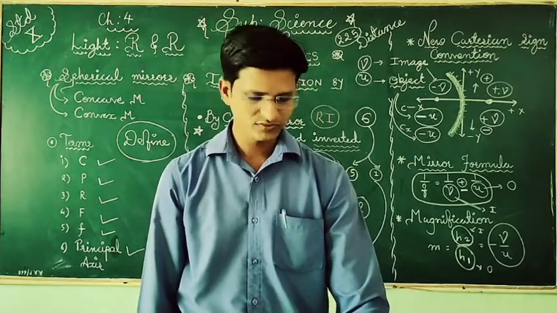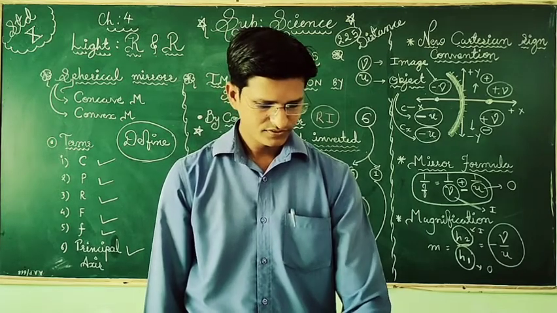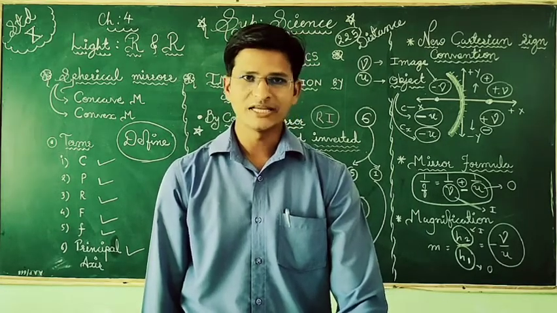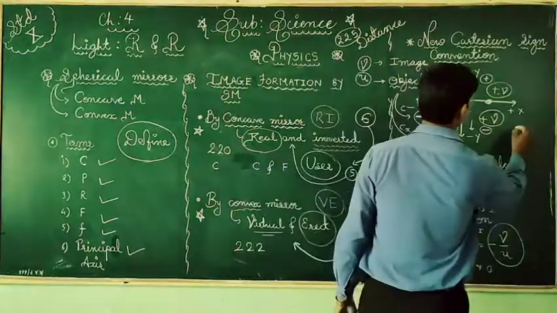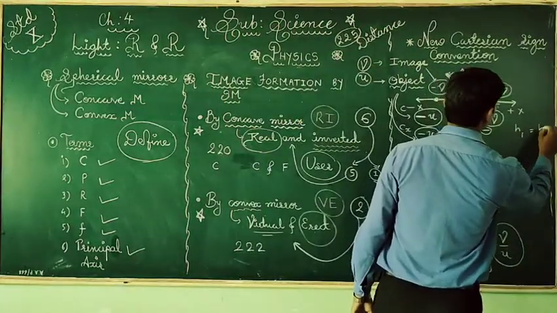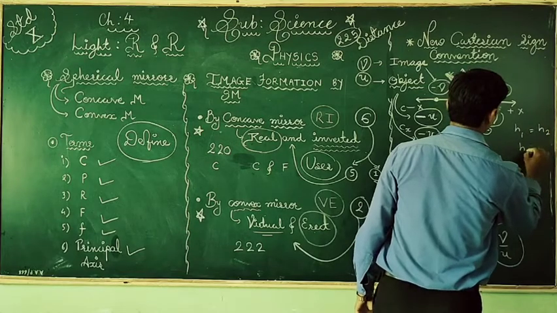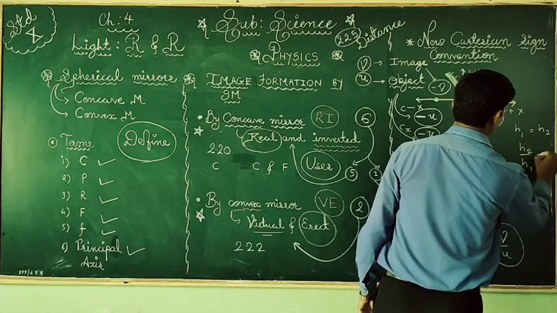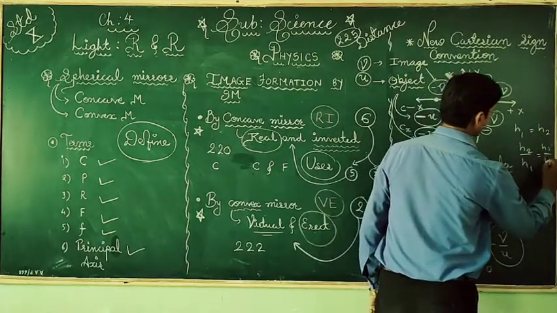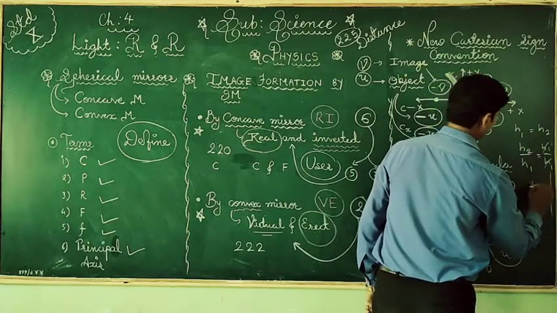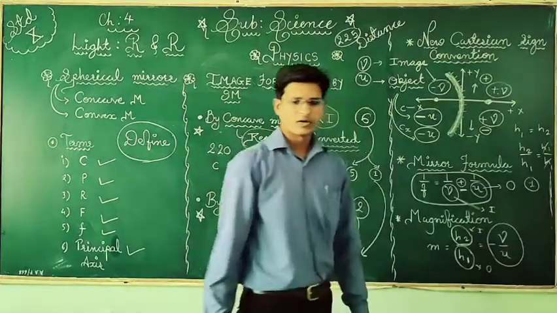If h1 is equal to h2, then h2 upon h1 is h1 upon h1, so it becomes 1. So m is 1.